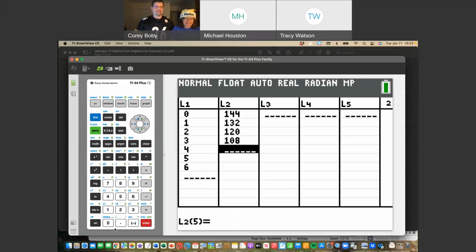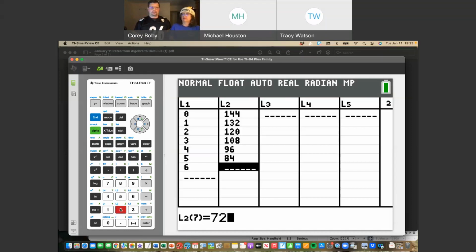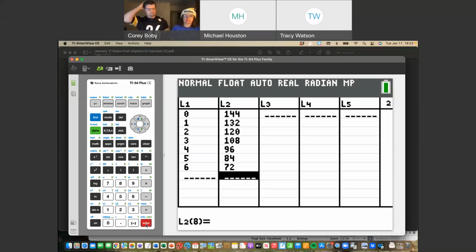And then 96. Y'all were 84. 72. All right, and we could continue. It should go down to 12 or something, right? And it goes down to 0 till we're out of money. But right now I've got enough.